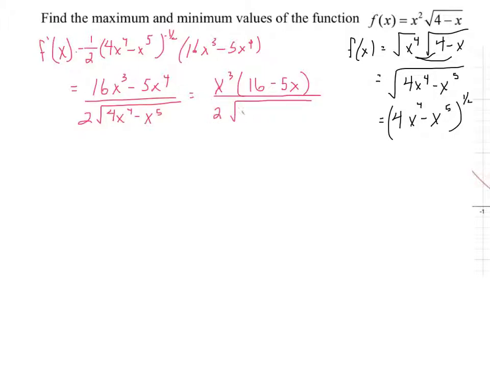The bottom I'm going to pull out an x to the fourth, which I also could pull out then as just an x squared, but I'm not going to do that. Critical points are what make the derivative 0 or undefined.